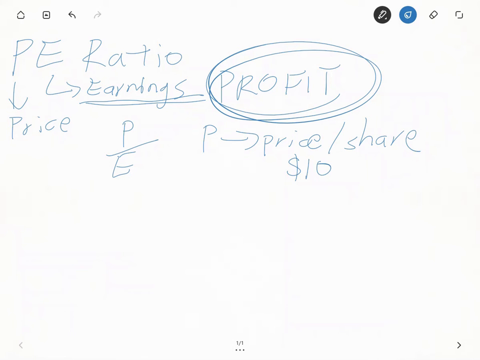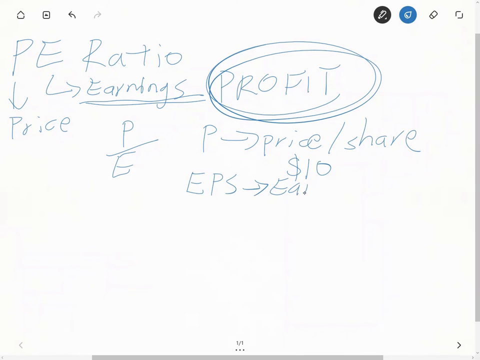Now, the earnings is actually known as the EPS. We love acronyms in finance, don't we? So the earnings per share, the EPS. Let's say this is, for argument's sake, 50 cents. What this tells you is that the company makes 50 cents per share in profits.